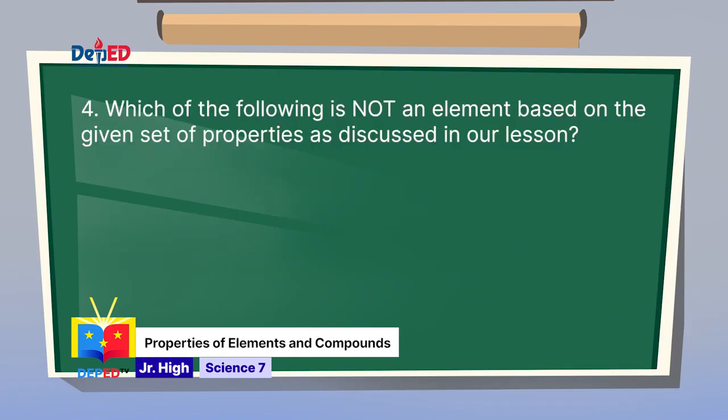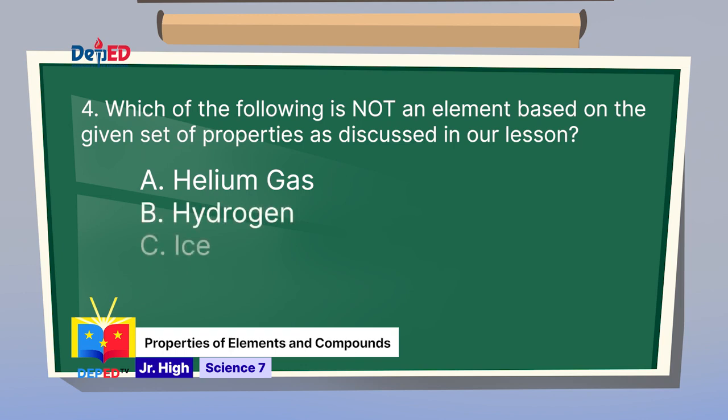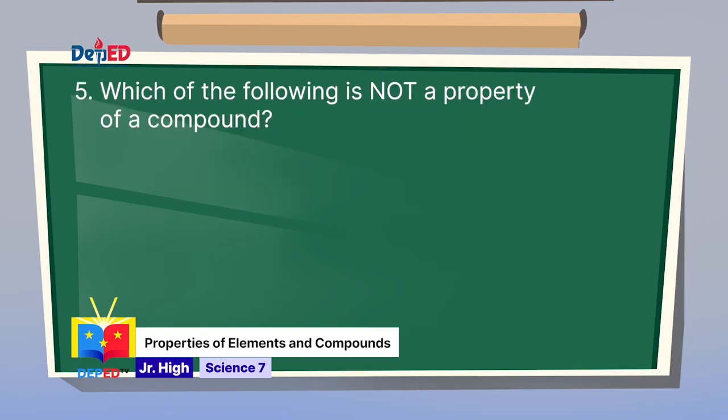Number 4. Which of the following is not an element based on the given set of properties in our lesson? A. Helium gas. B. Hydrogen. C. Ice. D. Iron. Number 5.